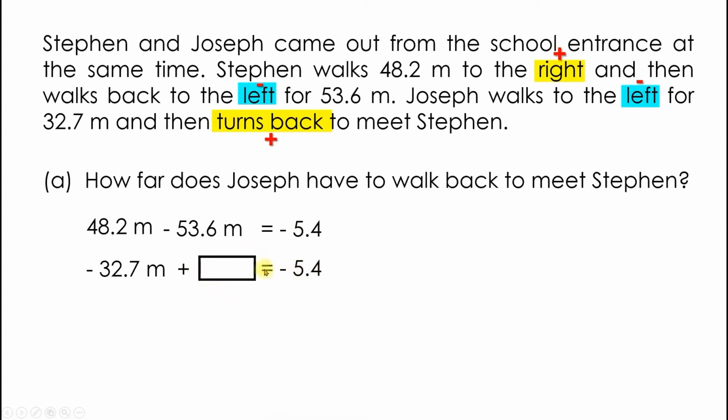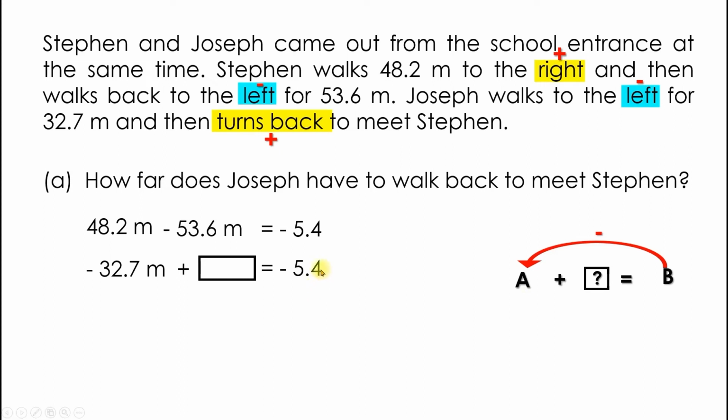So to find the value in this empty box or this unknown value, we want to go back to basics, right? So let's say I have A plus an unknown equals B. How do I find the number in the box? I'll have to take B and subtract the value of A from it, right?